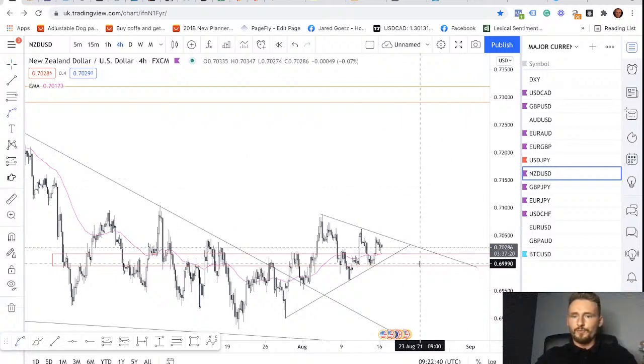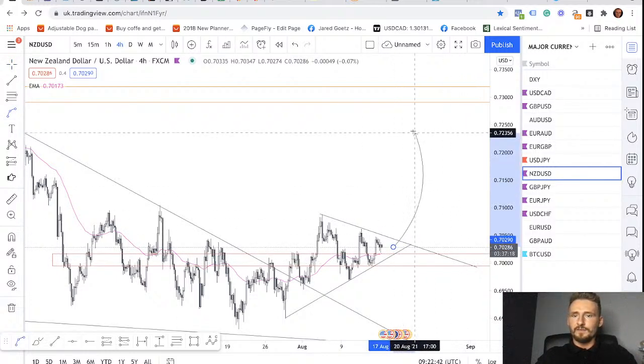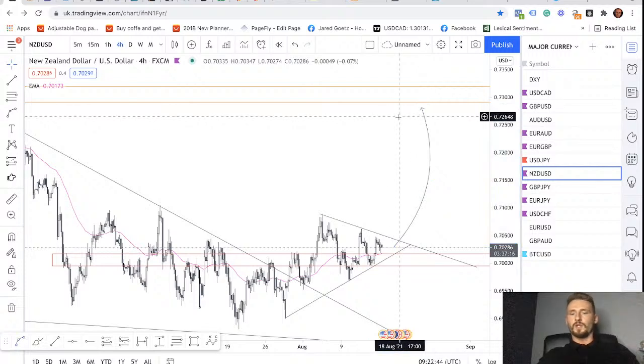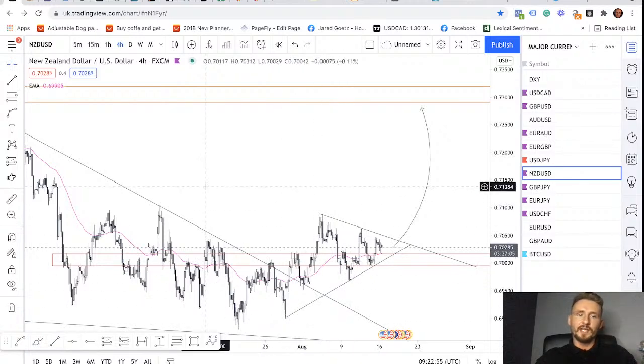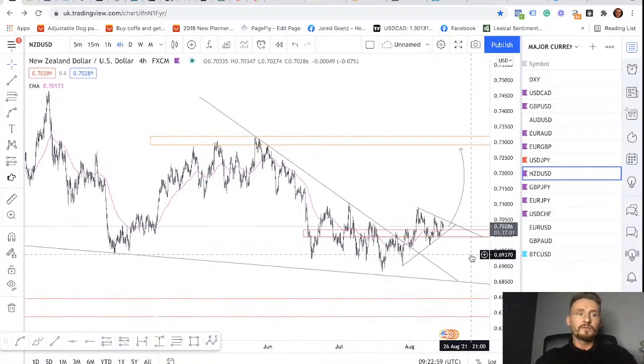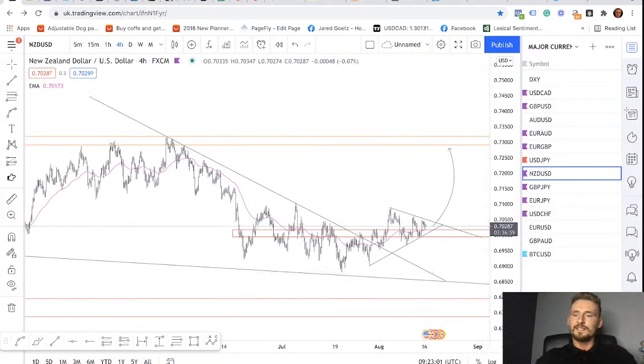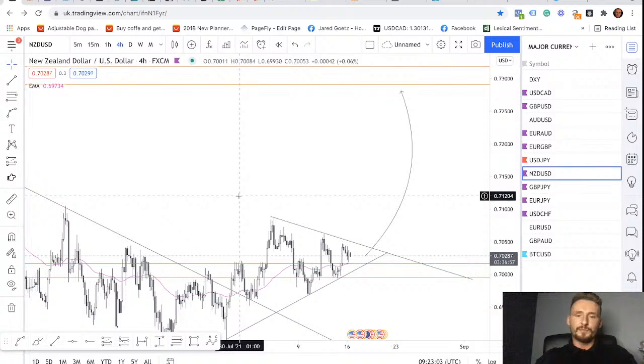Well, it'll break out to one side. Now, normally symmetrical triangles can break to the upside, break to the downside, but because we have moved above this area of nice support, we're in a symmetrical triangle, we've broken out of that bearish move on the weekly in NZD USD, we could actually get a pop to the upside.